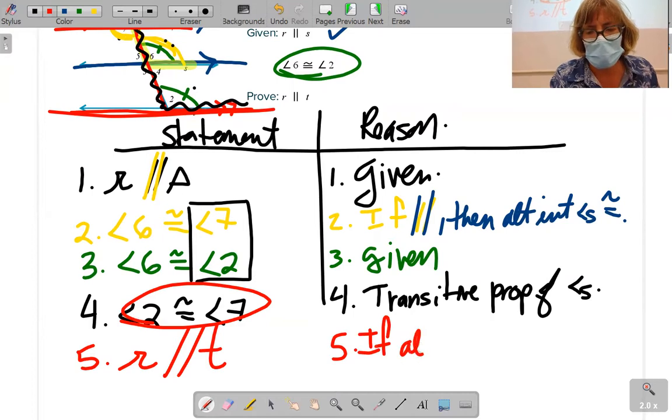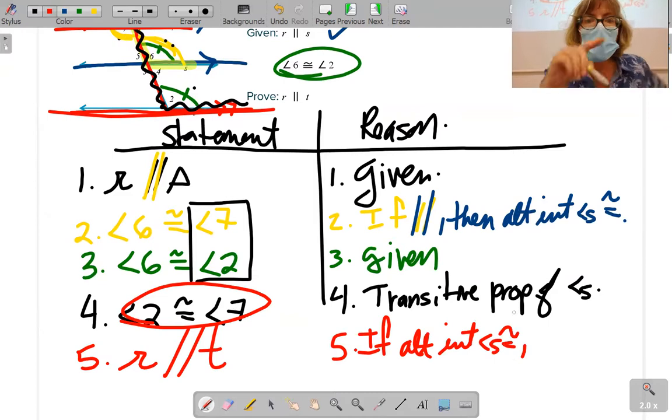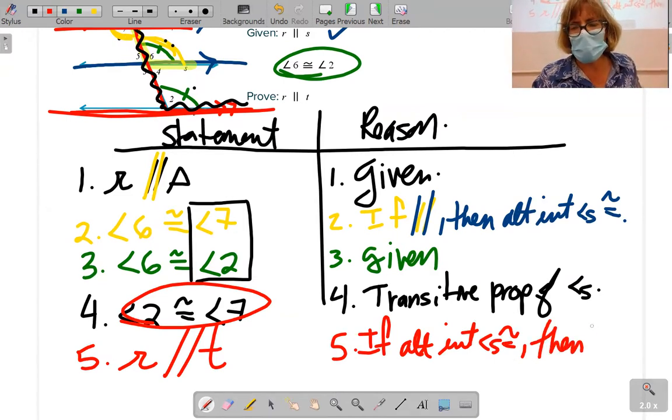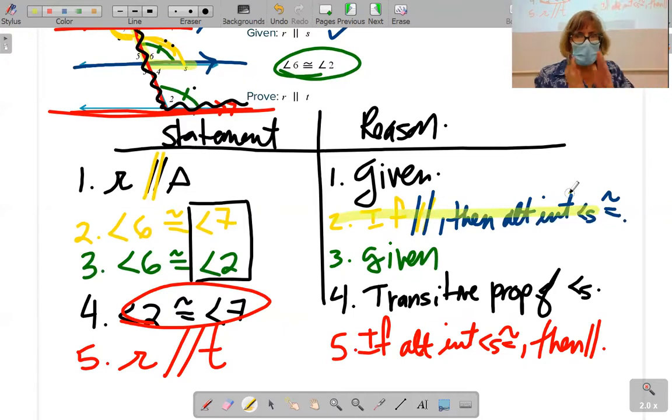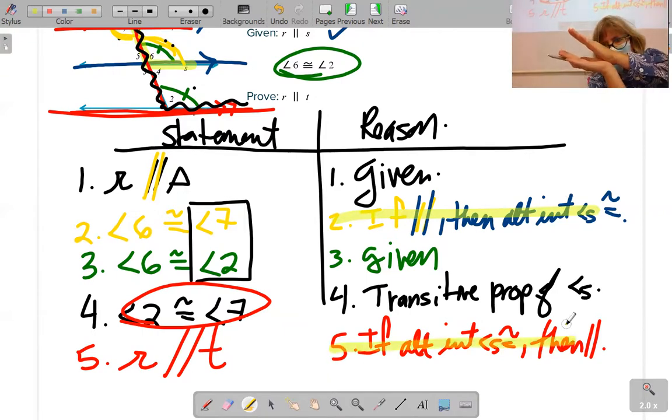If alternate interior angles are congruent, then the lines are parallel. So just to clarify, step 2 says if you have parallel lines, then you have these angle relationships. Step 5 says if you have the angle relationships, then you have parallel lines.